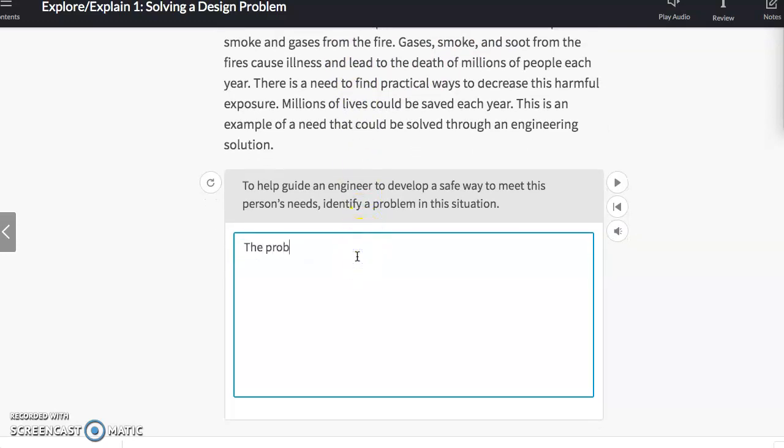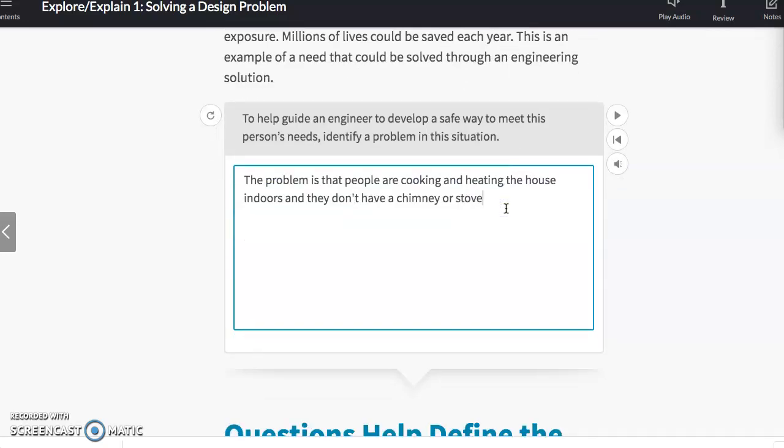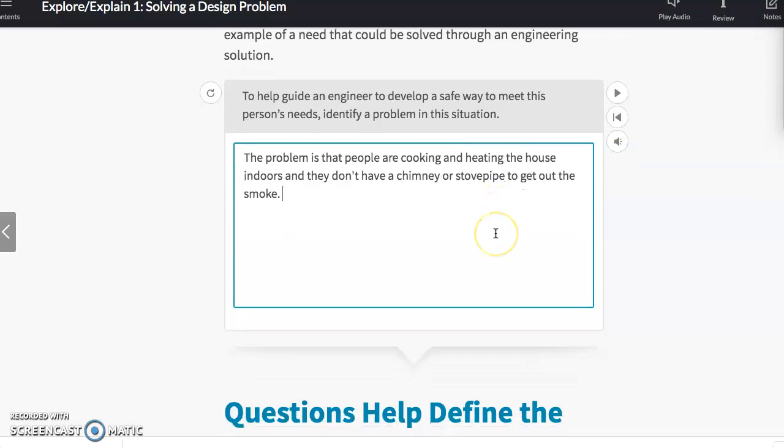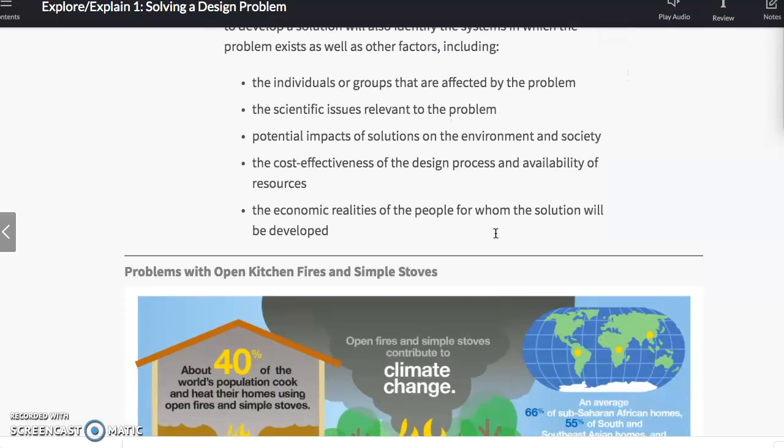Okay, the problem is that people are cooking and heating the house indoors, and they don't have a chimney or stovepipe to get out the smoke. That is exactly what the problem is. They need a safe way to get the smoke out.